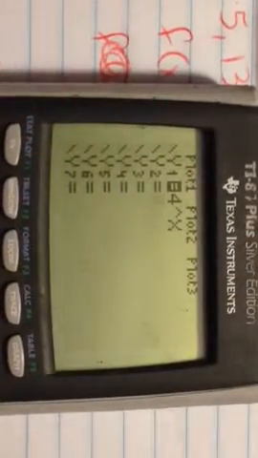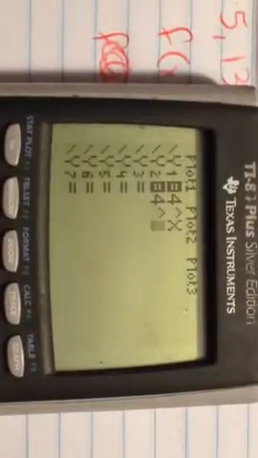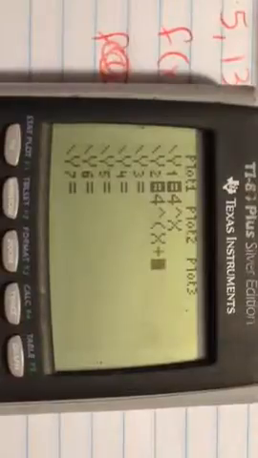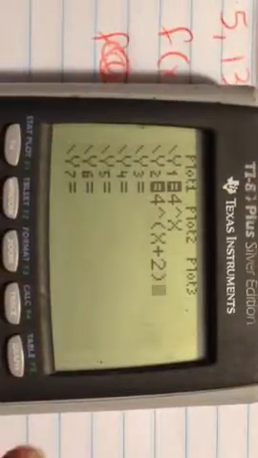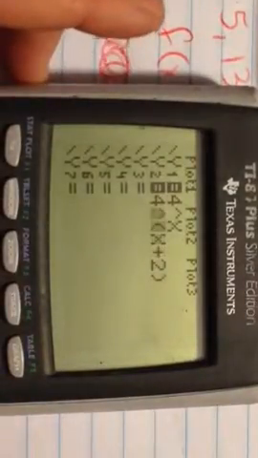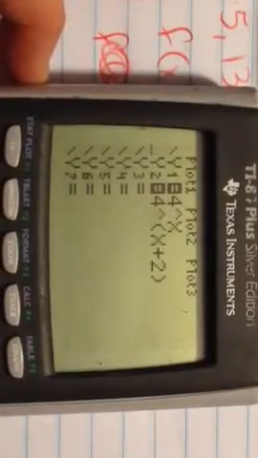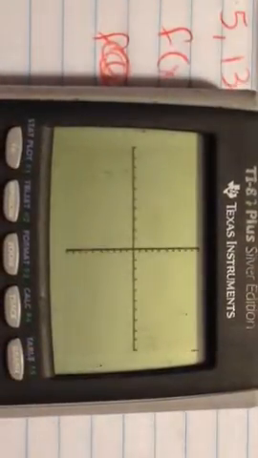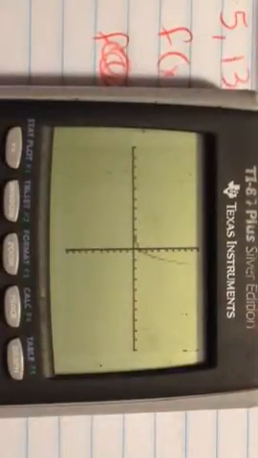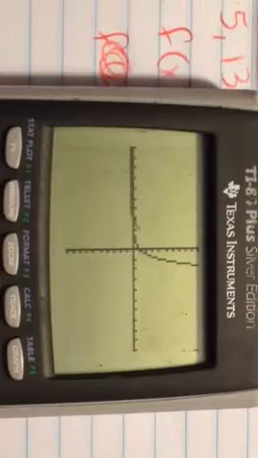So if we go 4 raised to the x plus 2, what happens to our function? What happens to our graph? So there's the first one, and there's the second one.